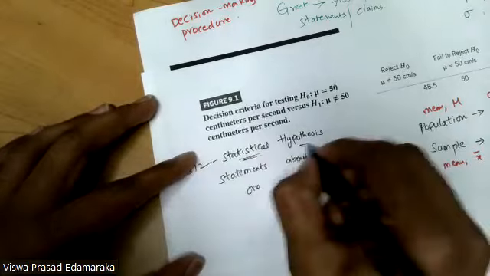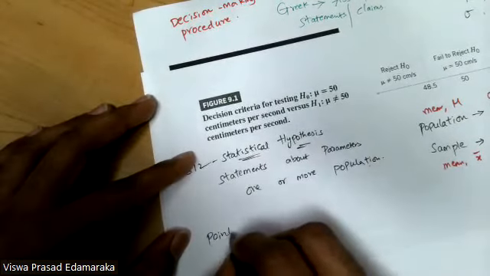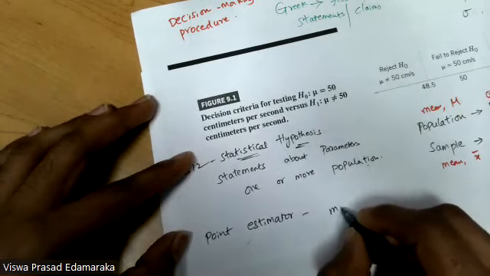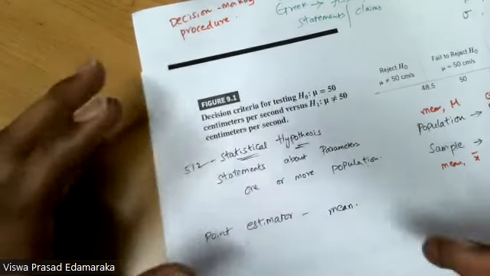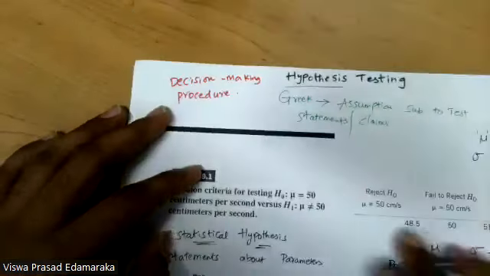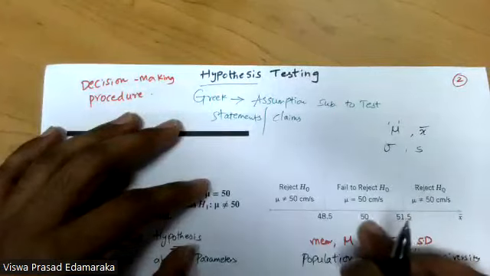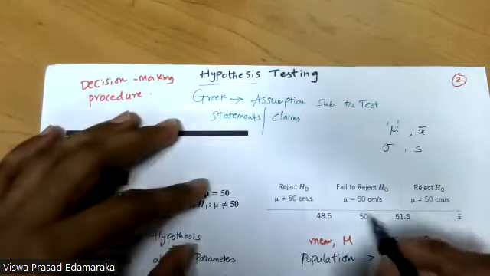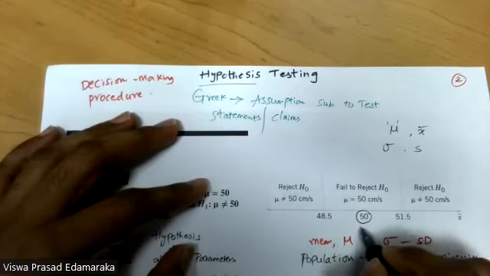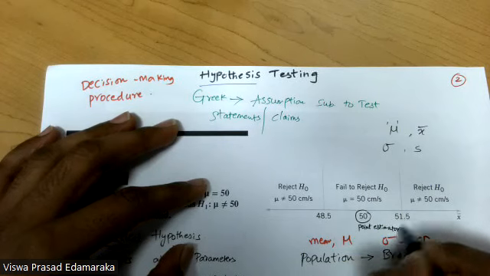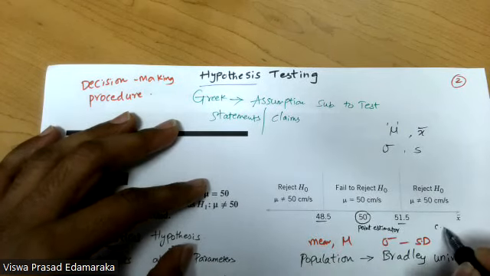Another definition is point estimator. Most of the cases, point estimator is the mean. It's like average value. Here you can see there is something called 50, 48.5, 51.5. This is point estimator, whereas these two values are confidence intervals.